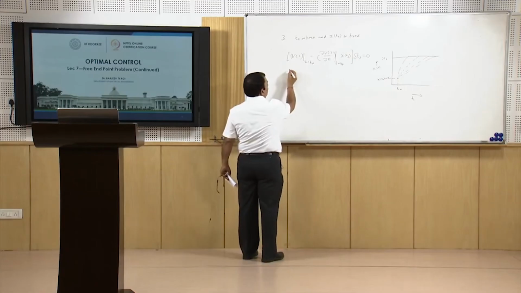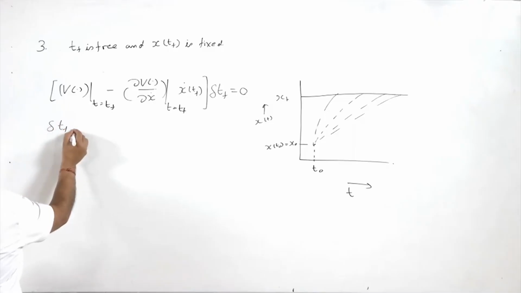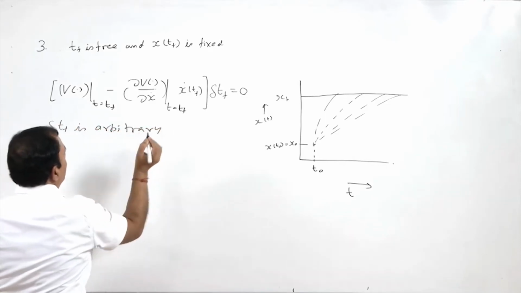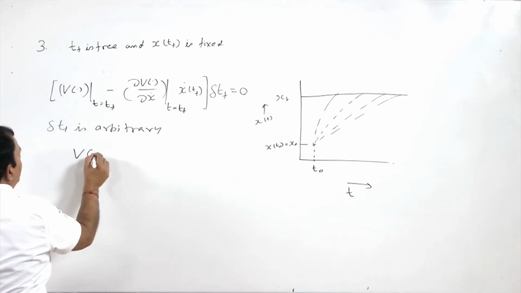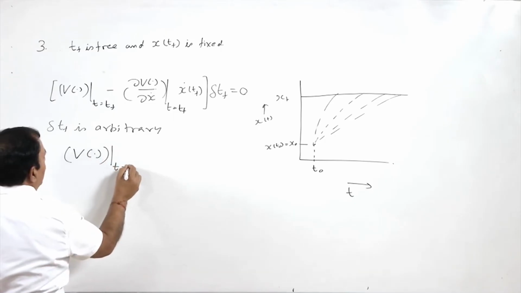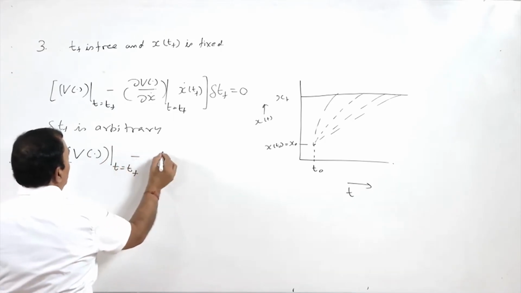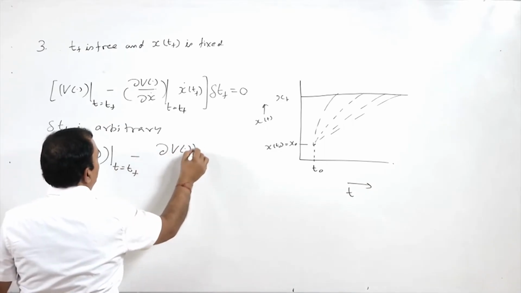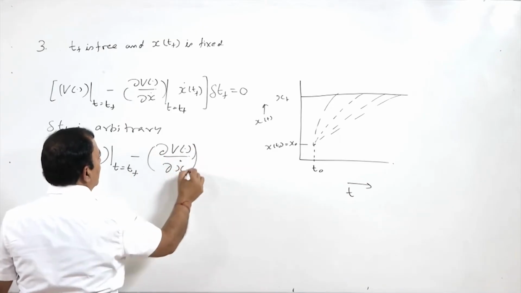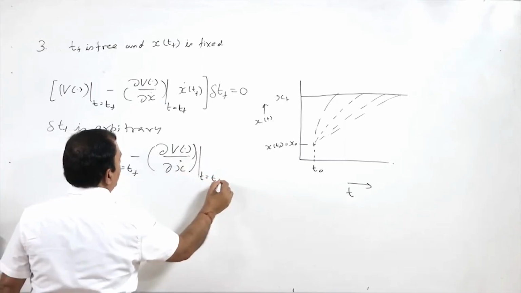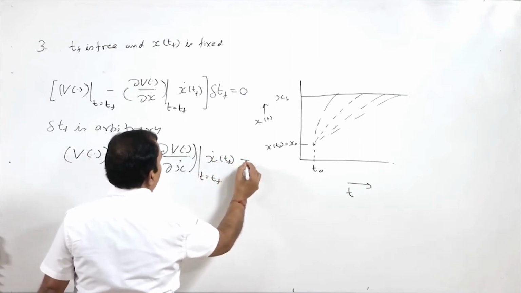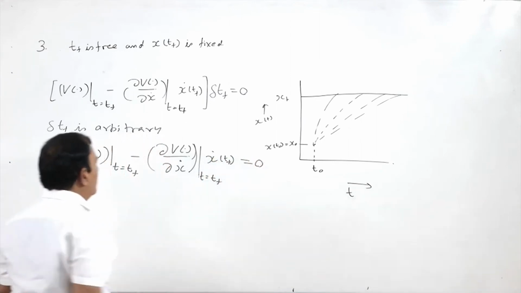As delta tf is free, delta tf is arbitrary. So, we can simply write v dot at t equal to tf minus del v by del x dot, again evaluated at t equal to tf, times x dot of tf, must be equal to 0.